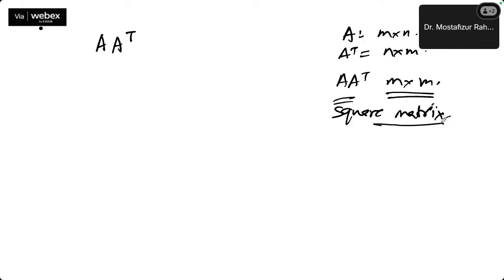Suppose I take the inverse of that square matrix. But what additional term have I taken? I have taken the additional term A transpose, so I can pre-multiply with A transpose. Roughly, A transpose will be out, and I will be left with A inverse. Actually, that should not be possible since it is a rectangular matrix, but just for understanding. So this is A transpose times the inverse of A A transpose, and this particular thing is known as A inverse.